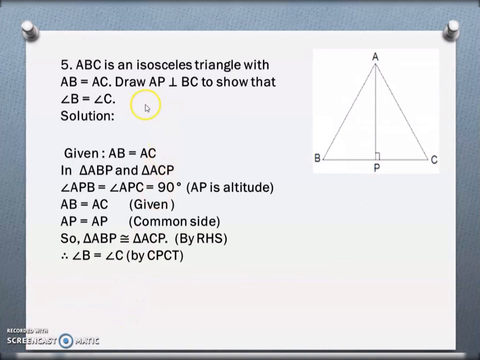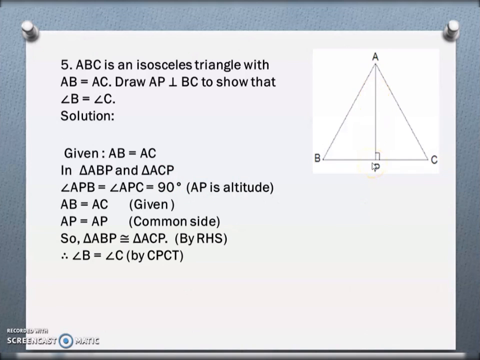Now the last problem, we have to show that angle B and angle C are equal given that ABC is an isosceles triangle, and you have to construct a perpendicular AP to BC. So AB is equal to AC, it is already given, and these two angles, angle APB and APC, are equal to 90 degrees each.